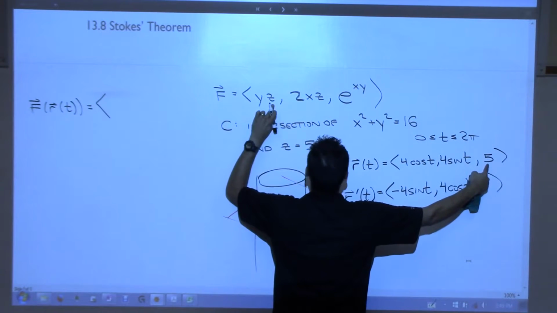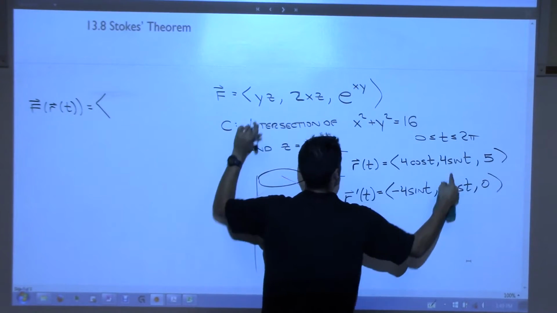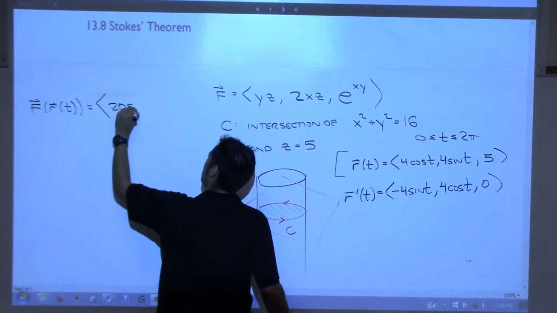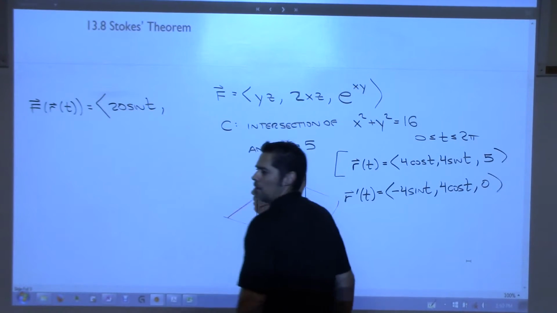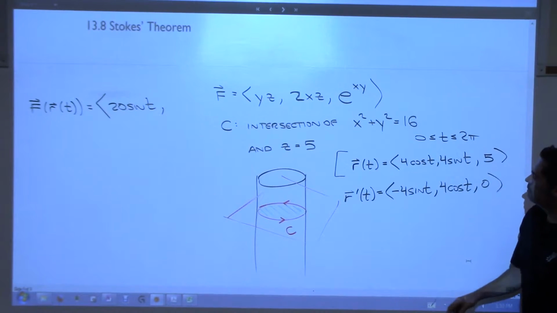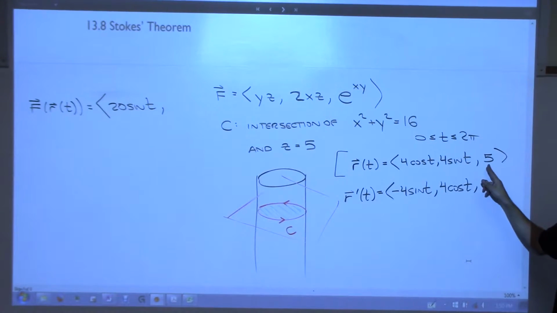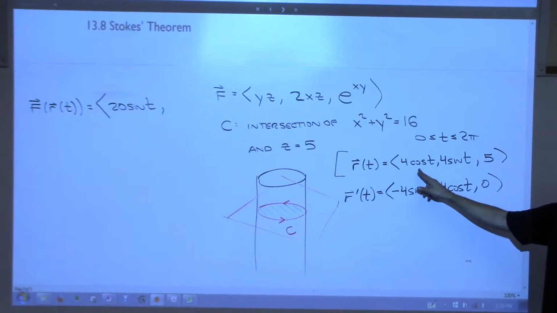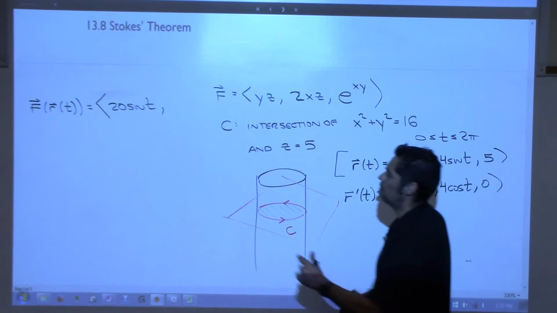Z is 5, right? Y is 4 sine t. So this is 20 sine t. All right. What is 2 times x times z? So 2 times x times z, 40 cosine t.